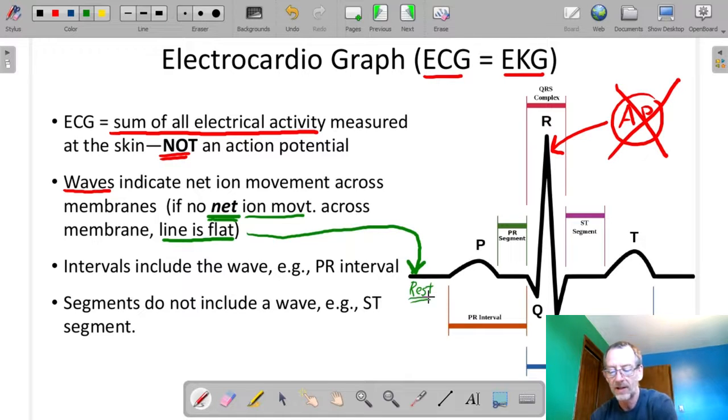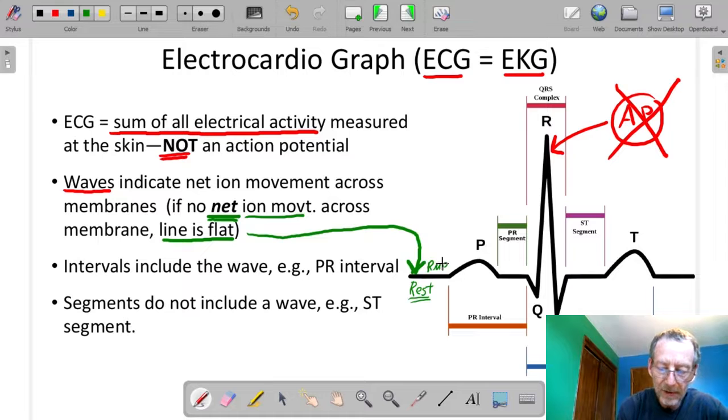The cardiac muscle is polarized. This is the RMP. There's no net ion movement. The sodium channels are closed, potassium channels are closed. There's a little bit of leakage, but we're sitting pretty stable at our resting membrane potential. So that's the flat line. So keep that in mind as we go along.